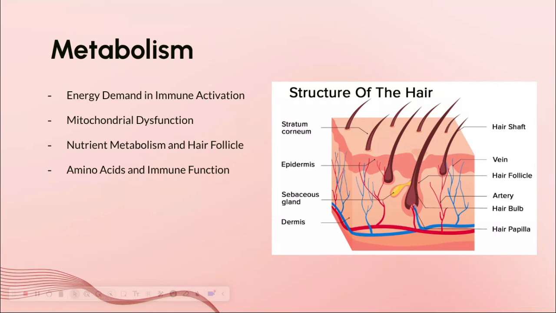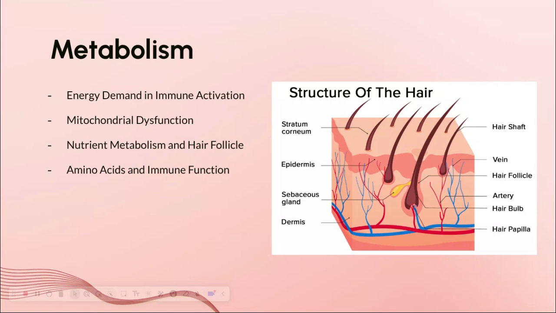In alopecia areata, overreacted T cells attack hair follicles, and this immune activation relies on energy generated by aerobic glycolysis. And the switch to glycolysis, even in the presence of oxygen, is a hallmark of activated immune cells, contributes to the persistent inflammation seen in alopecia areata.